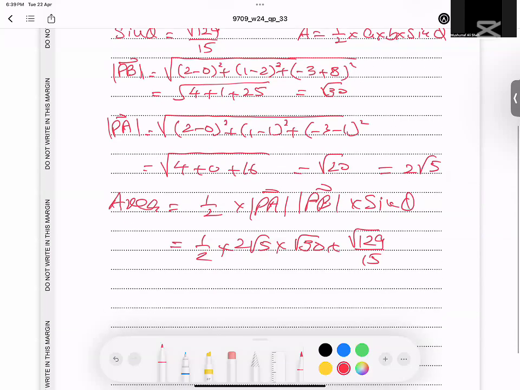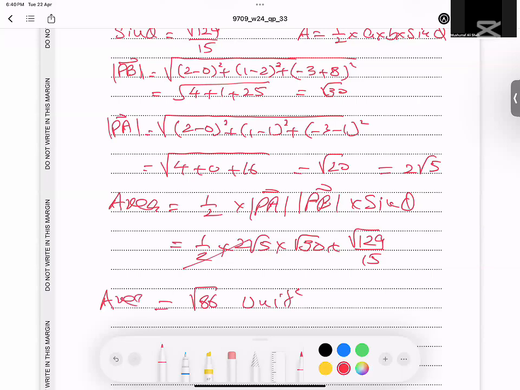This is a matter of just typing in the calculator. So these two cancel out, and I'm getting here 86 root unit square because it gives us the area.